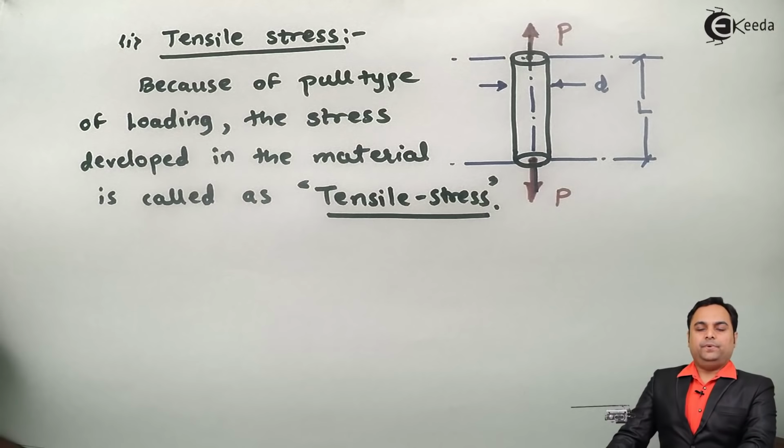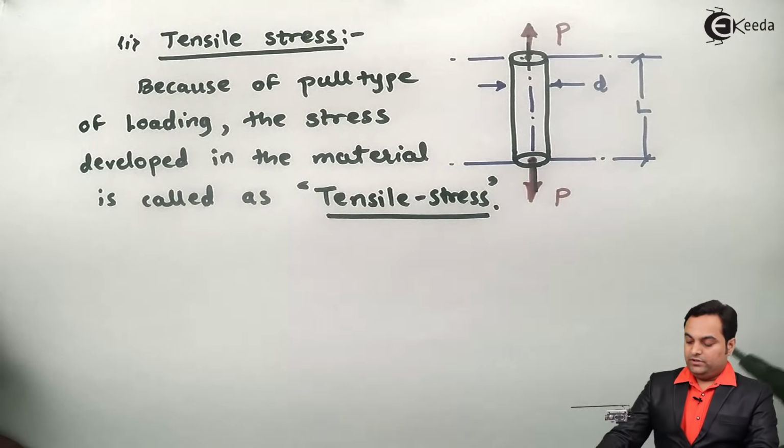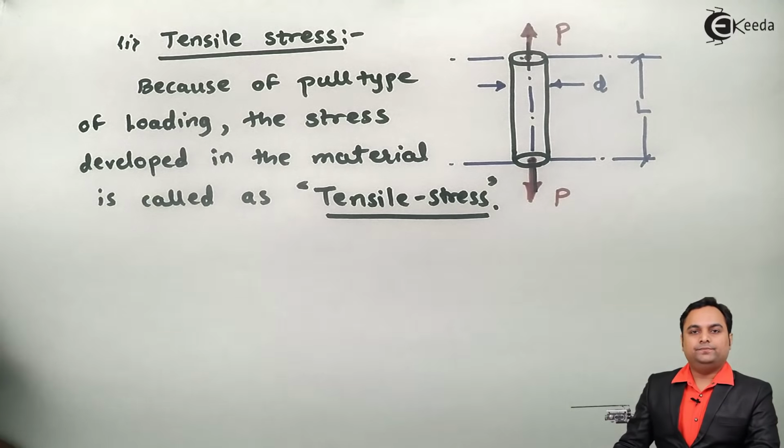So here I have an example that because of the pull type of loading, pulling of the rod in both directions, tensile stress is developed in the rod.